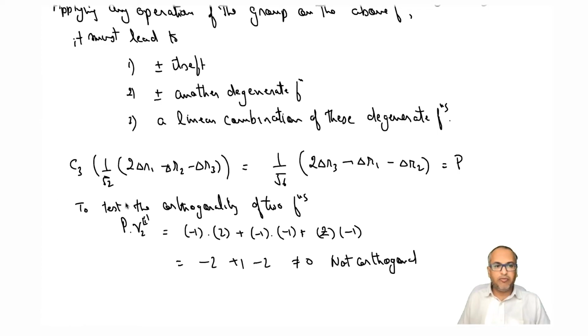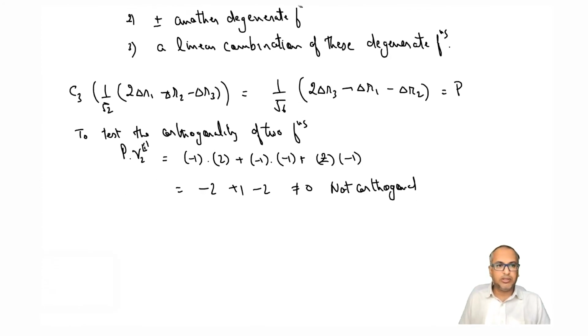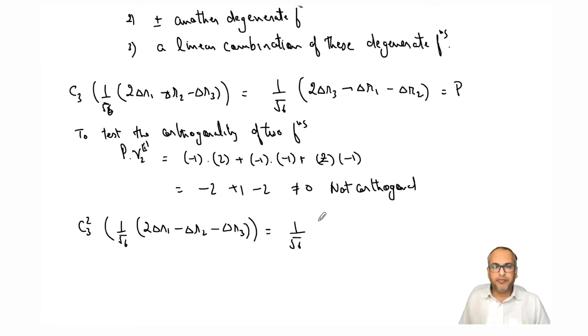I'm just giving you another way of finding these orthogonal functions in the case of a degenerate irreducible representation. Let us now do a C3 squared operation on the same function, 1 over root 6 times 2 delta R1 minus delta R2 minus delta R3. Now what do I get here? I'll get 2 delta R2 minus delta R3 minus delta R1. Let us call this Q.